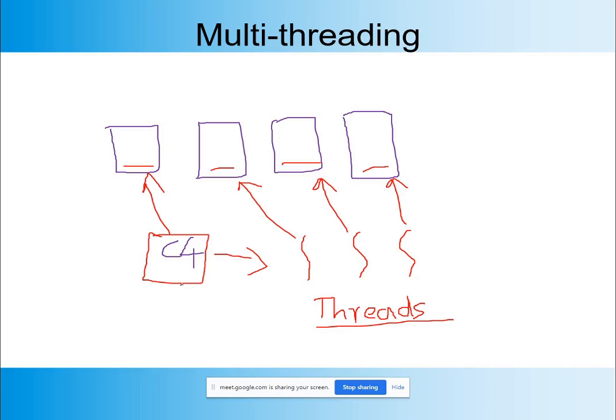It could be computation of different values, different statistical values.